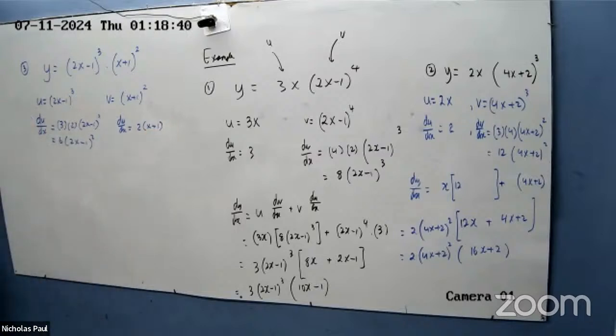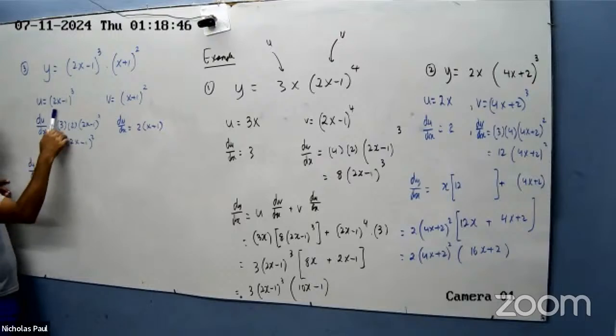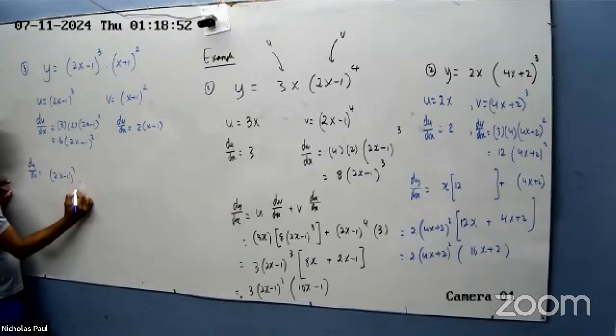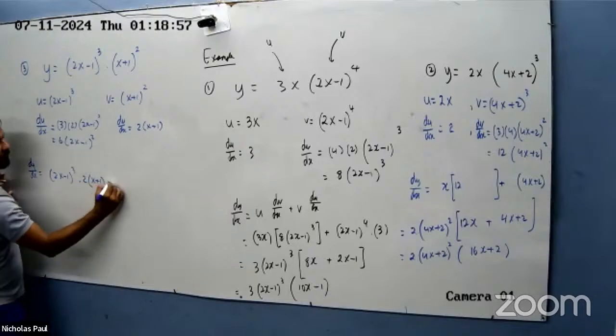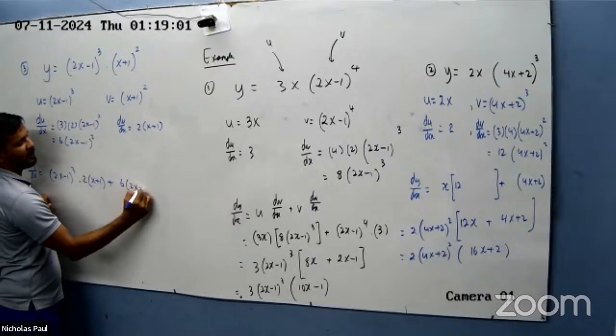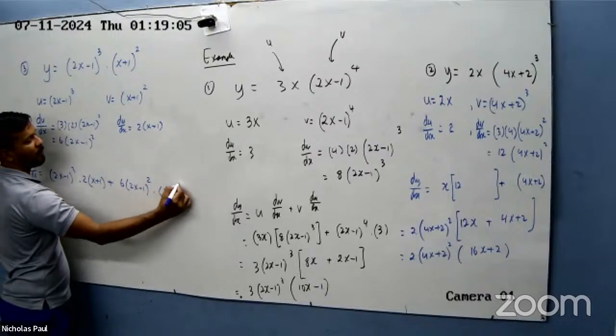Now we want to plug it into our formula for dy dx. It will be this by this: 2x minus 1 cubed by 2 by x plus 1, plus this by this, so 6 by 2x minus 1 squared by x plus 1 squared.